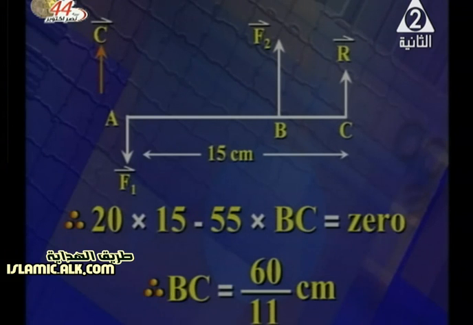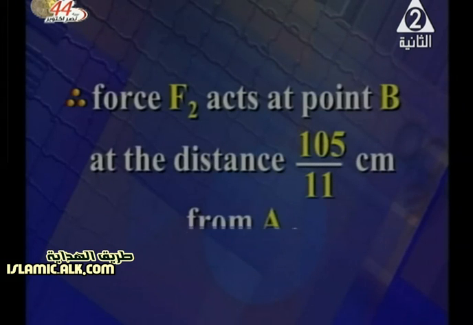It means F2 acts at a distance of 60 over 11 centimeters from C, or 15 minus 60 over 11 from A. Then force F2 acts at point B at a distance of 105 over 11 centimeters from A.